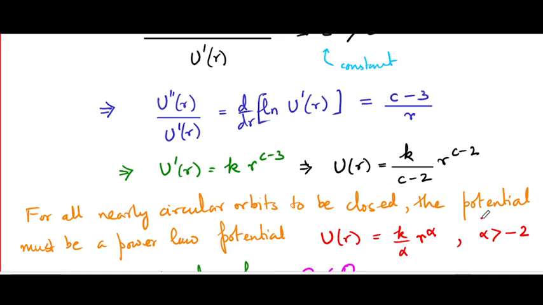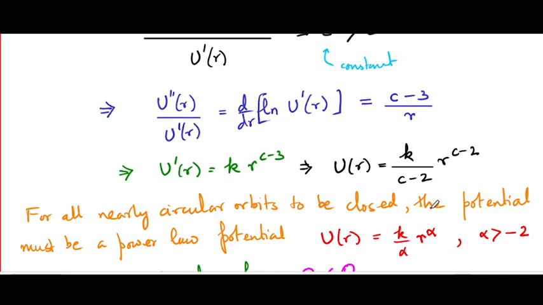So, at least for all nearly circular orbits to be closed, irrespective of the initial condition, as long as you are close to a circular orbit, if you want the orbit to be closed, the potential must be a power law potential. It must be some power of r. No other form works. And this power law potential can be written as k by alpha r to the alpha, where alpha is greater than minus 2.